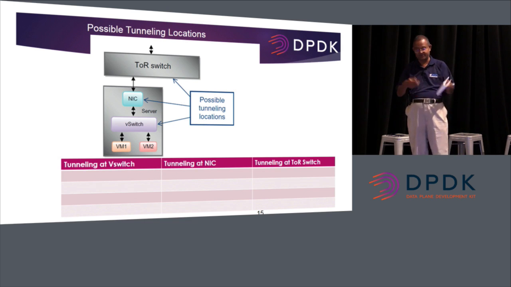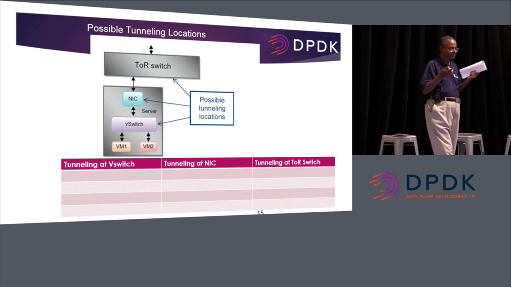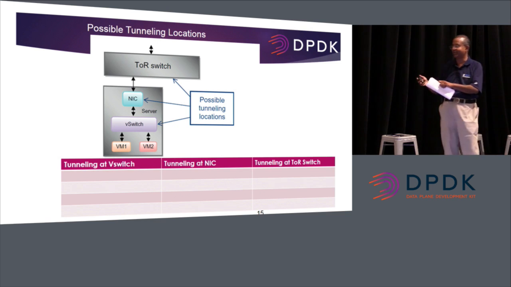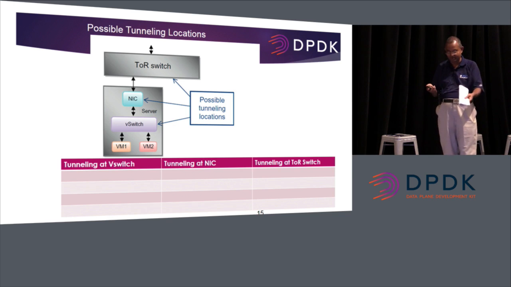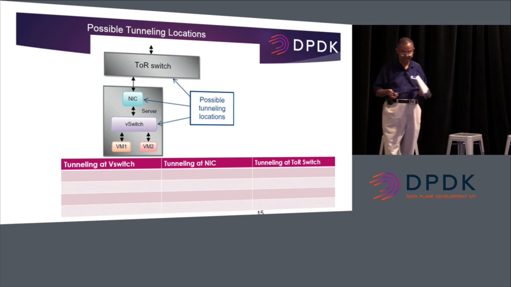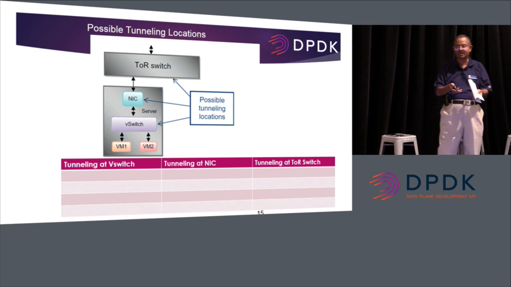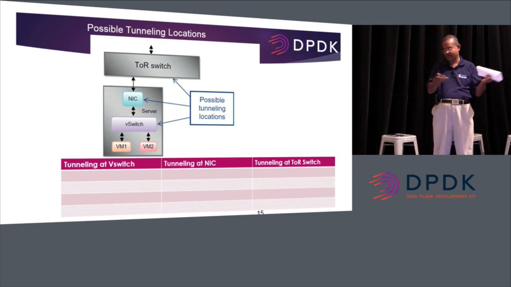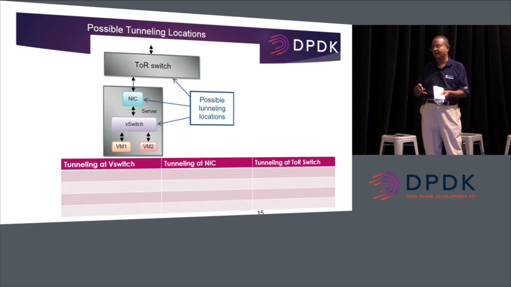Whereas if your NIC is not firmware-based, and is just designed in silicon, and new protocols come, then you have to disable offloads, and you will not be able to do that at the vSwitch. So that takes the possibility to go to the NIC. When you do it at the NIC, again, if you are using SR-IOV, then you need to come there, because we are not at all using hypervisor-based tunneling. So you are doing it at the NIC and SR-IOV.